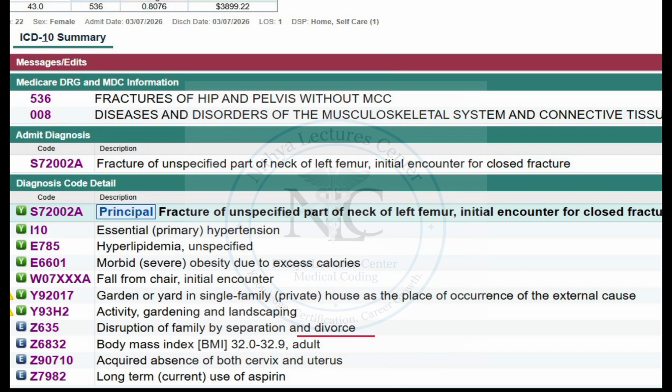And this patient has a past surgical history of hysterectomy, so I have coded acquired absence of both cervix and uterus. And finally, the patient is taking long-term aspirin medication, so I have coded long-term use of aspirin. So this is how we need to report SDX. These are the chronic conditions, past medical history, surgical history, and external cause. These are the things we need to report as SDX.